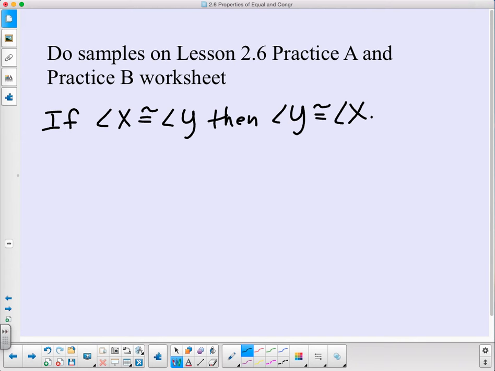Good job. Symmetric property of congruence. How about, x equals x? Show me.